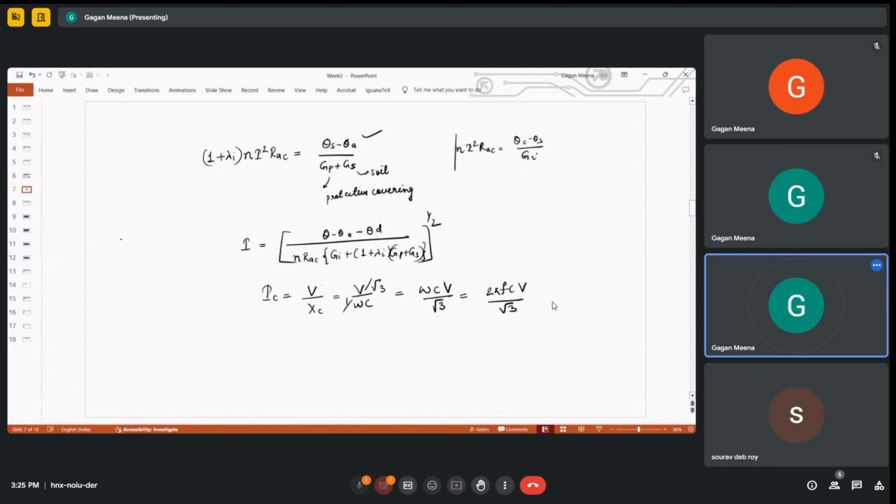Right? So the three phase reactive power will be root 3 into Vc, the charging current, into V, and this will be root 3 V into 2 pi f C V by root 3.